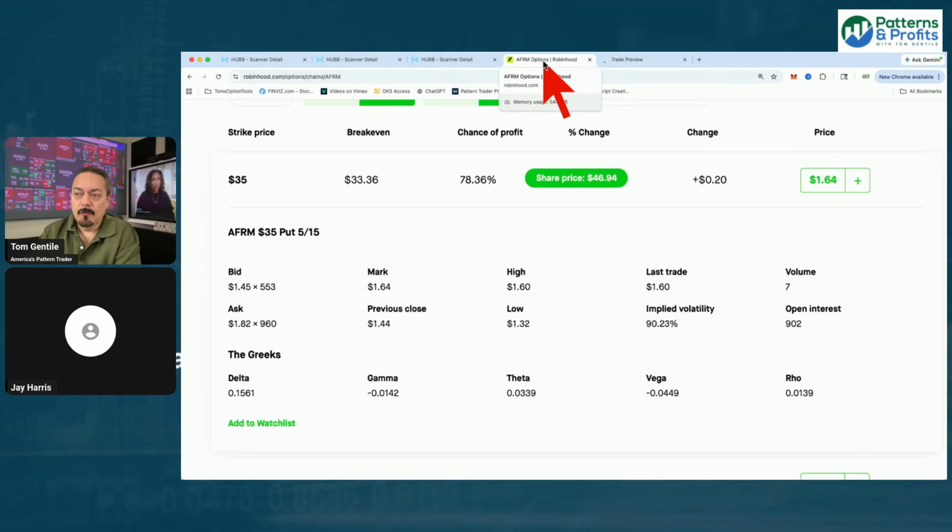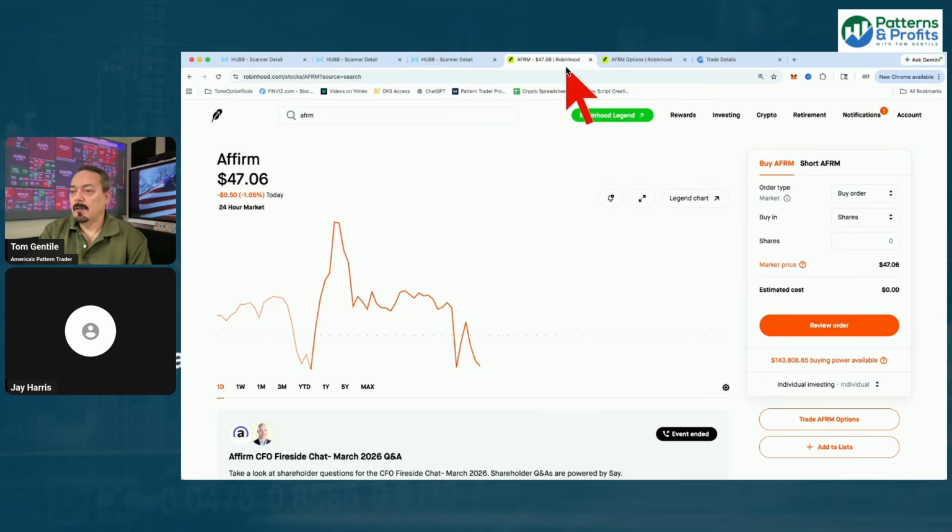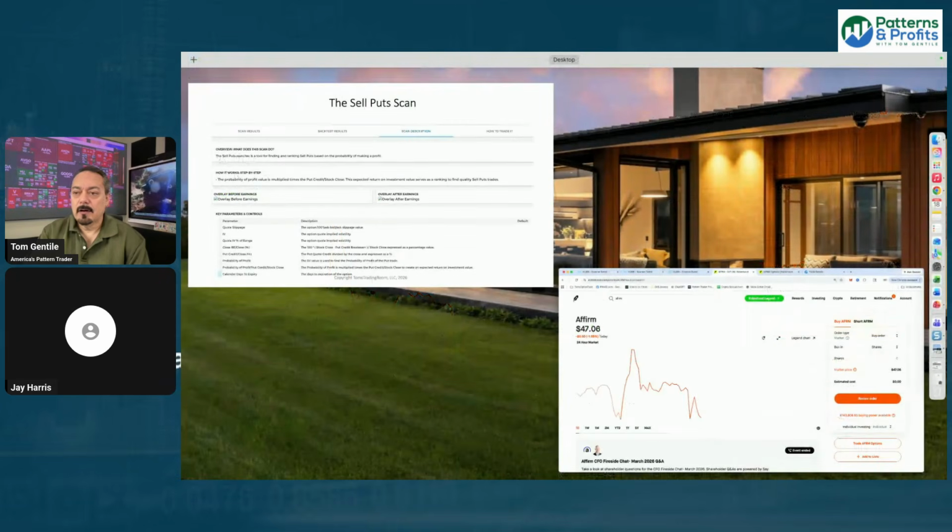I can open up two of these at the same time, because I want to keep this for just a little to help me out as far as following along AFRM. All right, so that's the Affirm trade that we're looking at as of right now. Let me plop this in place here. Let's continue on here.